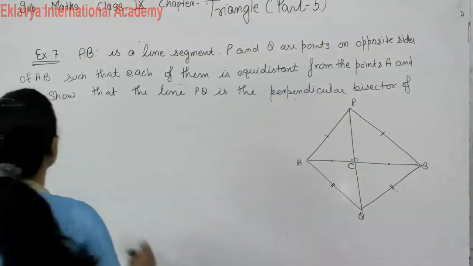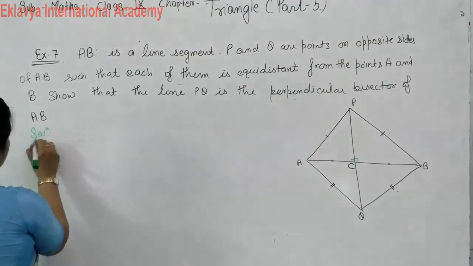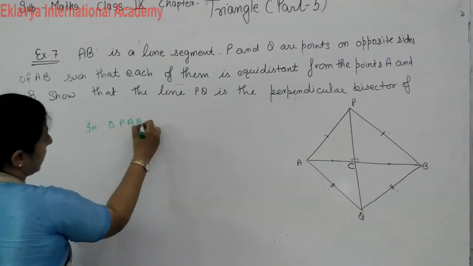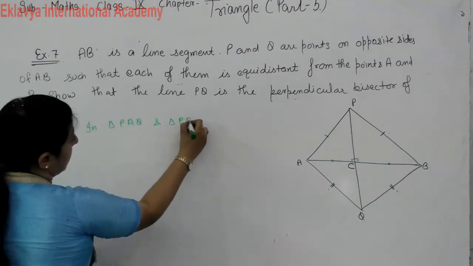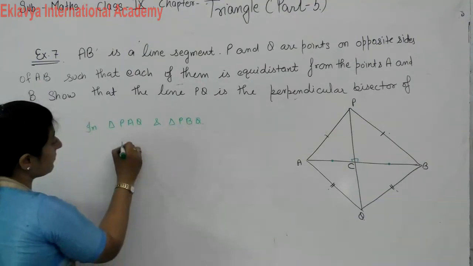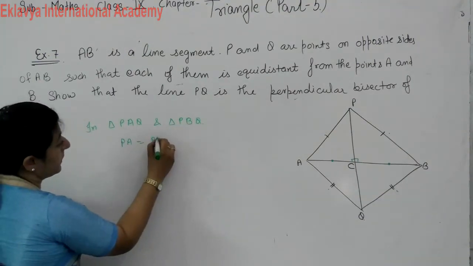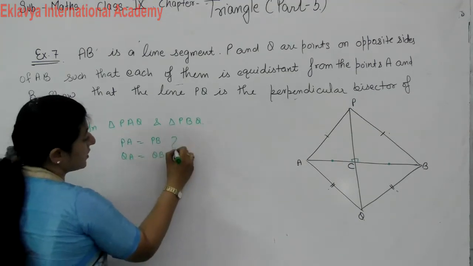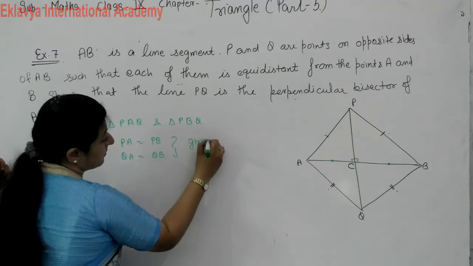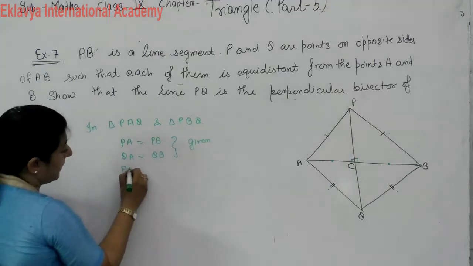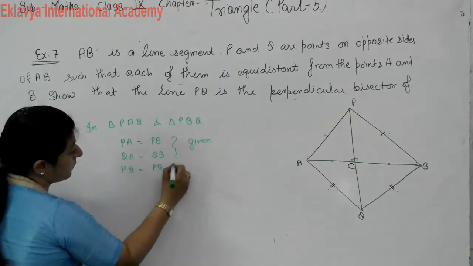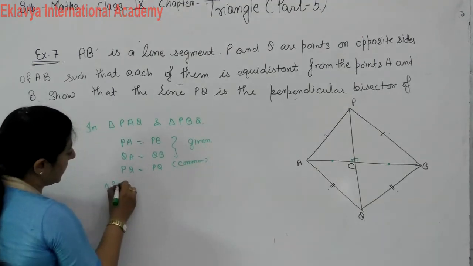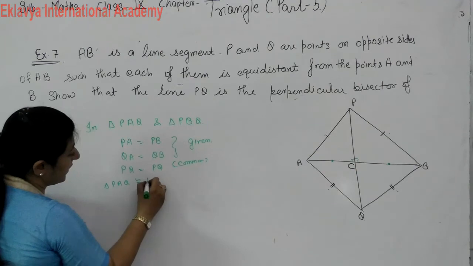So what we will do in this solution? Firstly, we take triangle PAQ and triangle PBQ. PA is equal to PB, QA is equal to QB, both given, and PQ is equal to PQ common. So triangle PAQ is congruent to triangle PBQ.